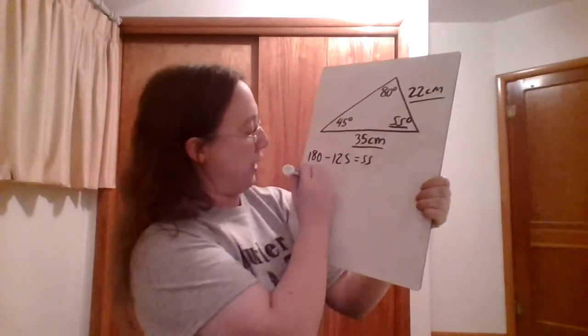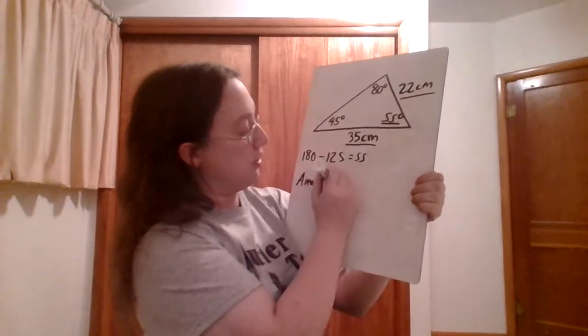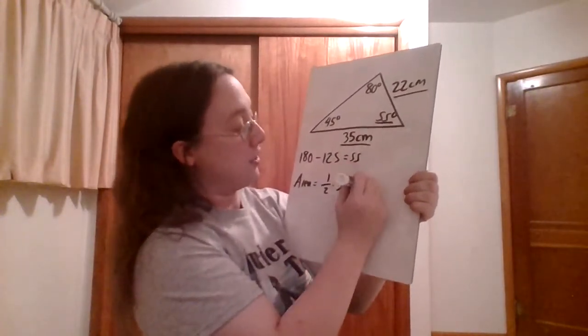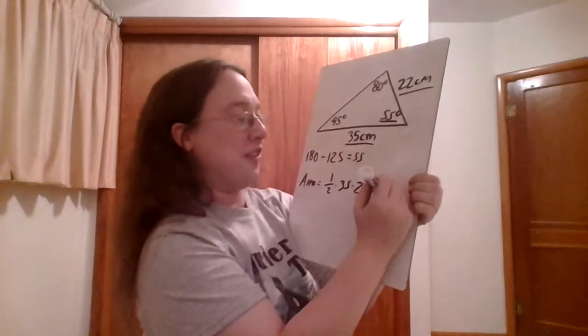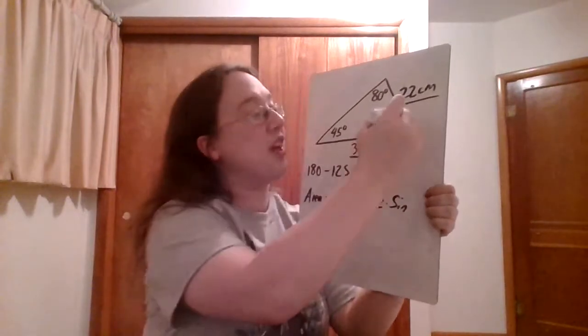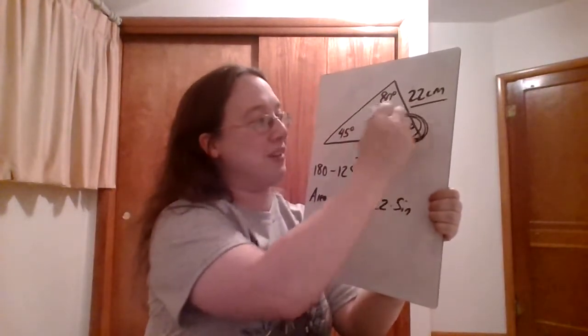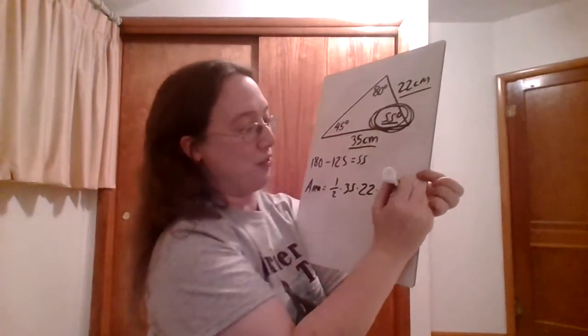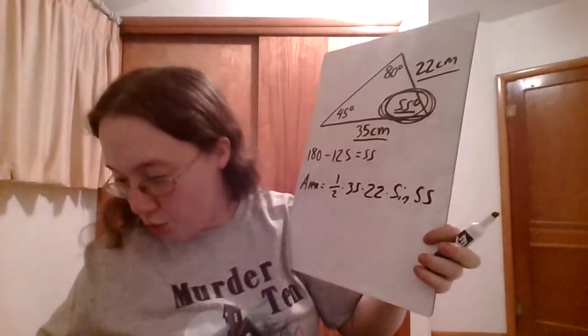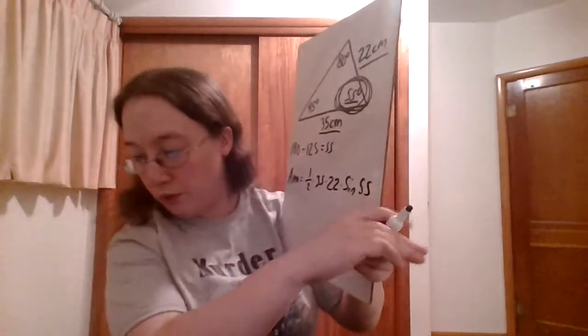Alright, so now we're going to take that, and then just watch out for, that's the angle we want. So we want 1/2 of our two sides times the sine of that one. So this time we have three angles. That's the one we want, because that's the one between our two sides. So the sine of 55. And the sine of 55 gives you about 0.819.